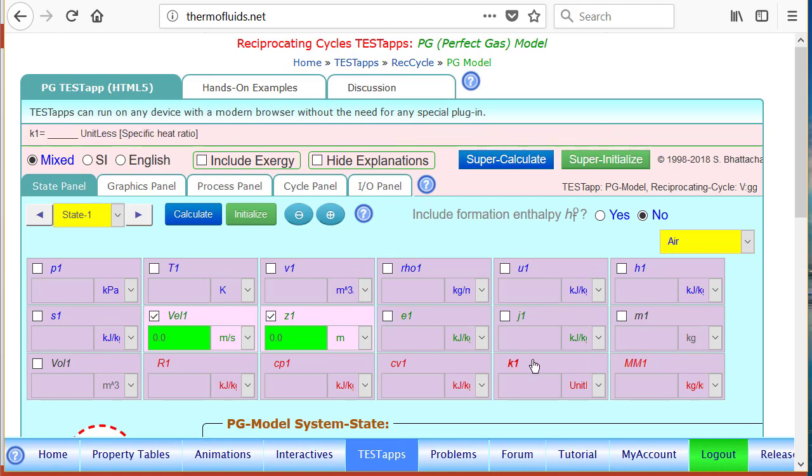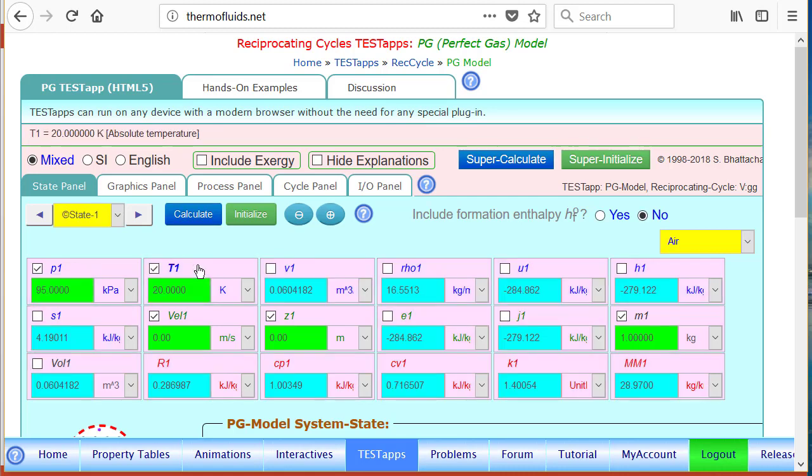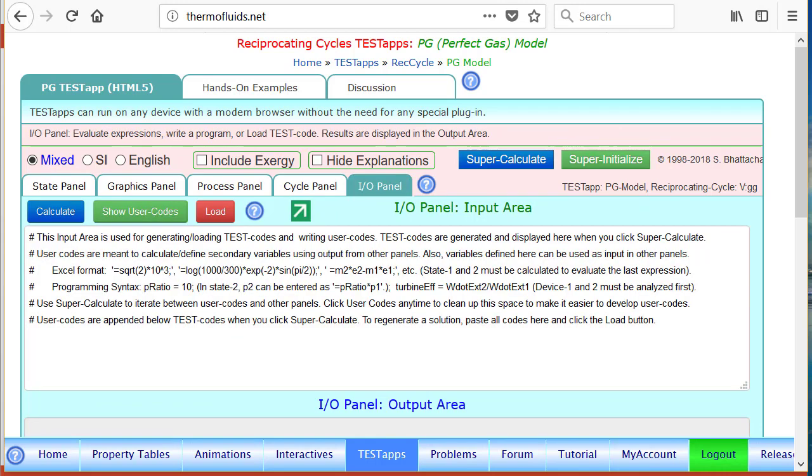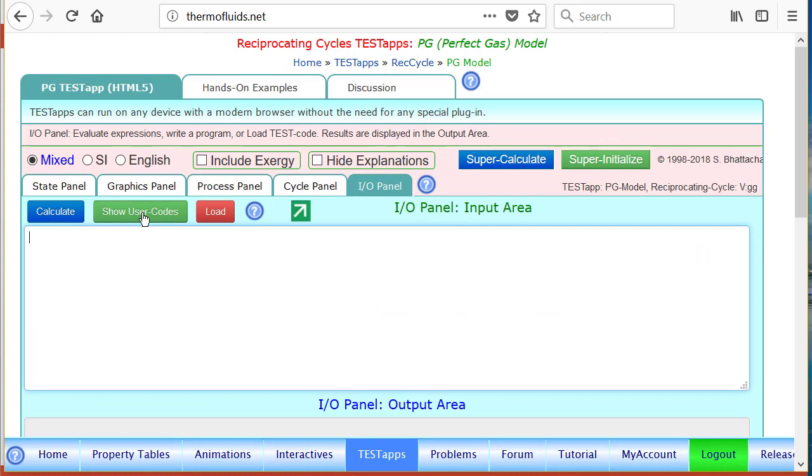We'll assume a mass of 1 kg, which has no bearing on the solution. 95 kPa is our initial pressure, and 20 degrees Celsius is our initial temperature. State 1 is found. And because we need the compression ratio and maximum temperature as parameters, let's introduce r equals 20.